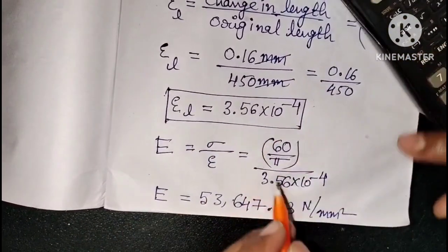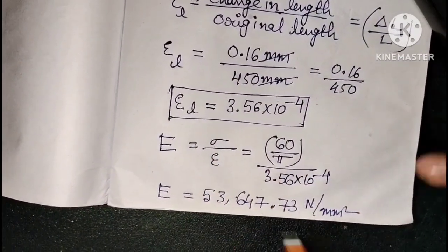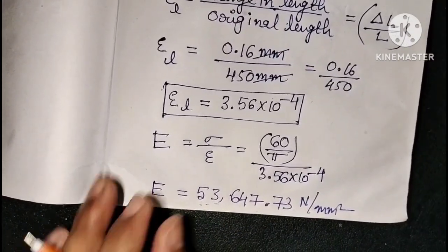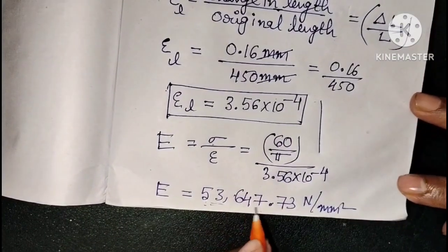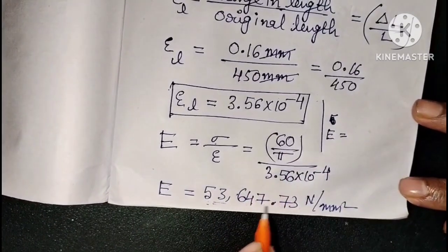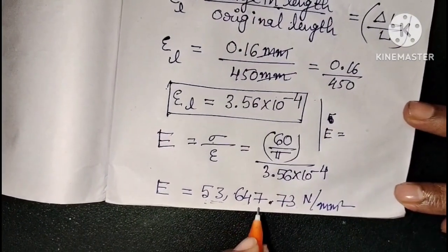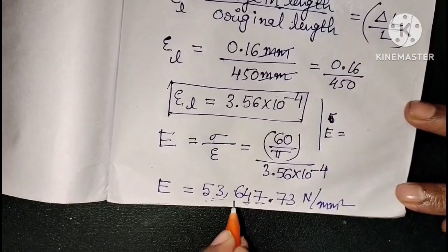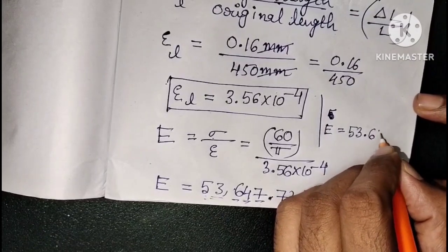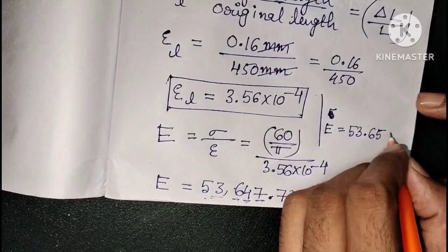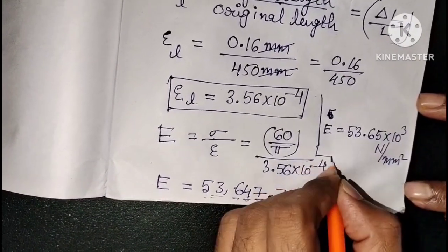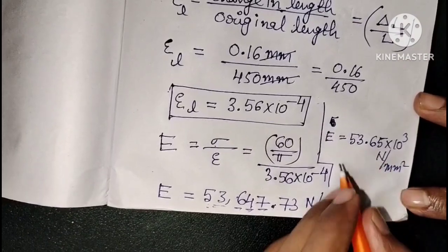Here strain has no units, so the unit of Young's modulus is the stress unit, Newton per mm square. So 53647.73 Newton per mm square can also be written, moving the point three places, as approximately 53.65 into 10 cube Newton per mm square. 10 cube MPa can be written as GPa.